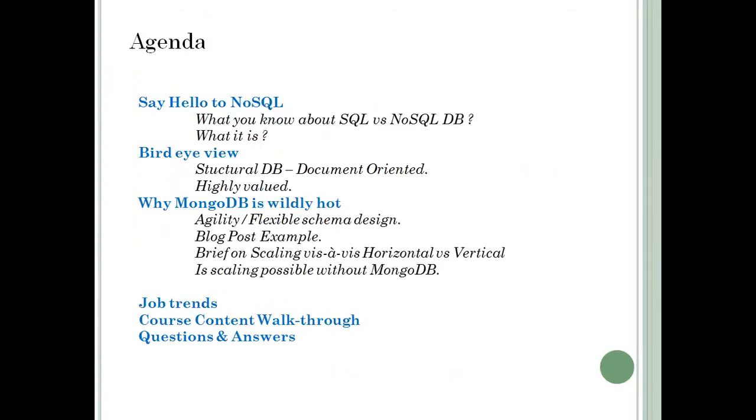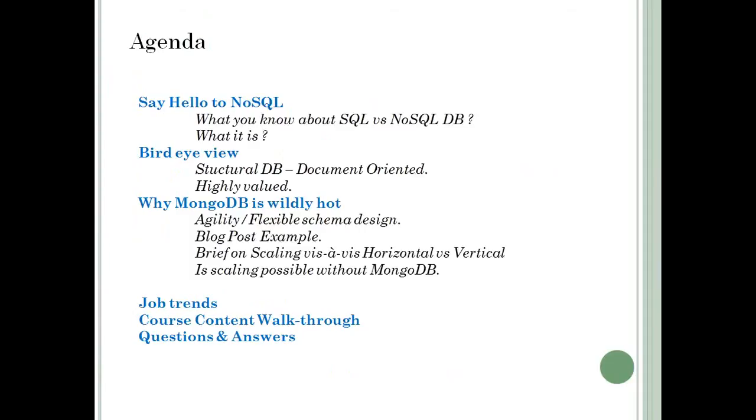So the agenda for today: what you know about SQL versus NoSQL DB, what it really is. Then we'll have a bird's-eye view of the structural DB, that is the document-oriented DB, and then we'll come to know why it is highly valued, and why MongoDB is wildly hot. You may have heard, or searched the internet and come across, words like agility, flexible, schema.